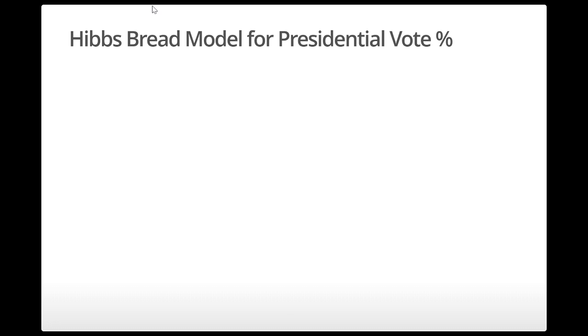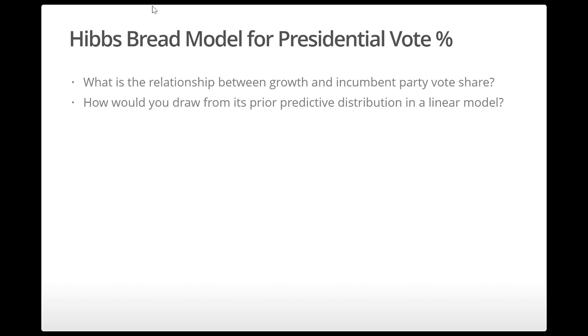There's actually more to it, but the bread model for presidential vote percentage basically asks what's the relationship between economic growth and votes at the presidential level for either the incumbent or whoever is in the same party as the incumbent, if the incumbent is leaving after 8 years. And there's more to it in terms of overseas deaths due to unprovoked wars and stuff like that. But let's just focus on the growth aspect of it.